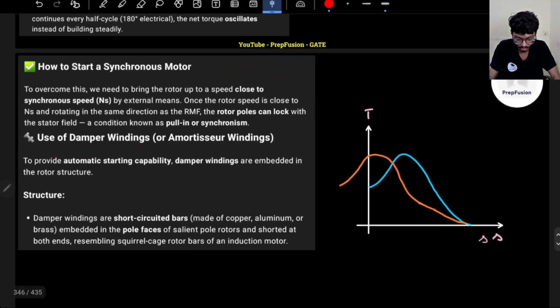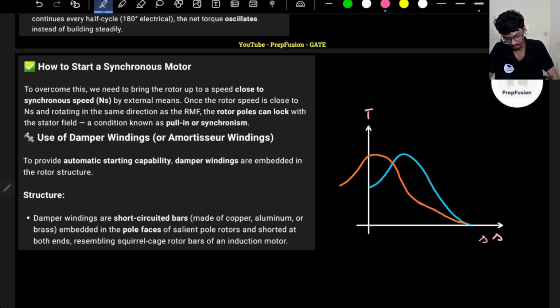We know one thing: if I want to increase my starting torque, how will I increase it? We know the slip. This torque slip characteristic is with respect to the induction motor.